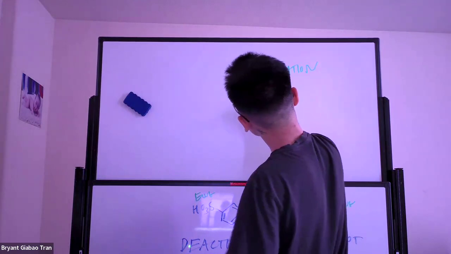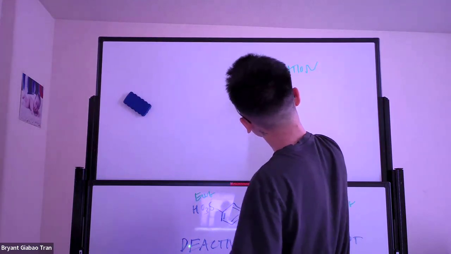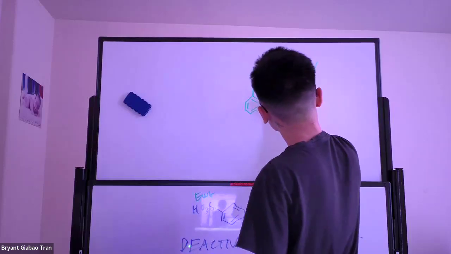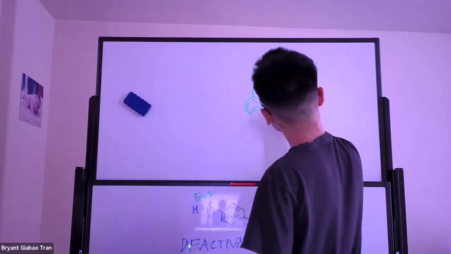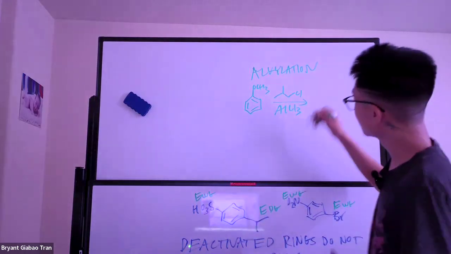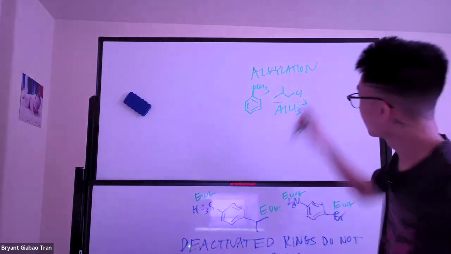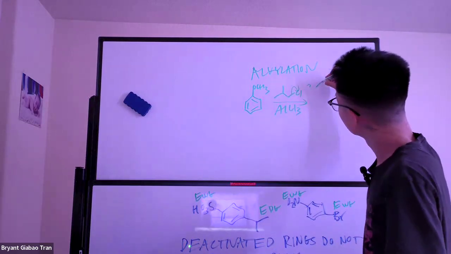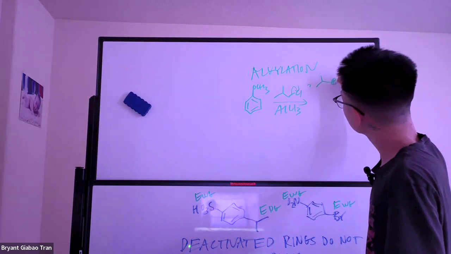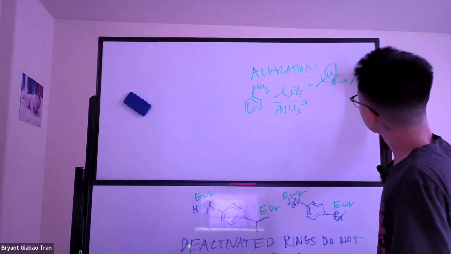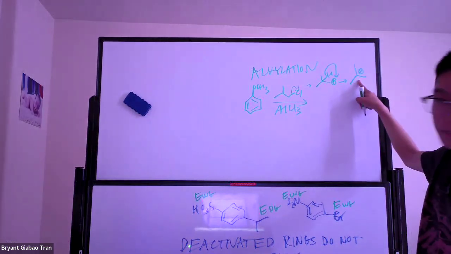So let's say we have this benzene ring, and then we have OCH3 here, and we try to do this Friedel-Crafts alkylation. The other limitation is carbocation rearrangement. Think of this good leaving group leaving by itself to form that carbocation, and then that carbocation can do a hydride shift to get this more stable carbocation right there.